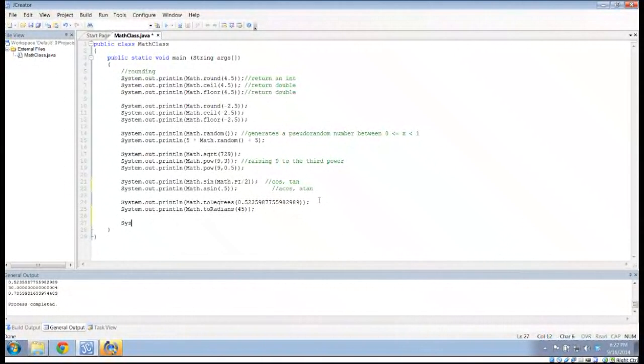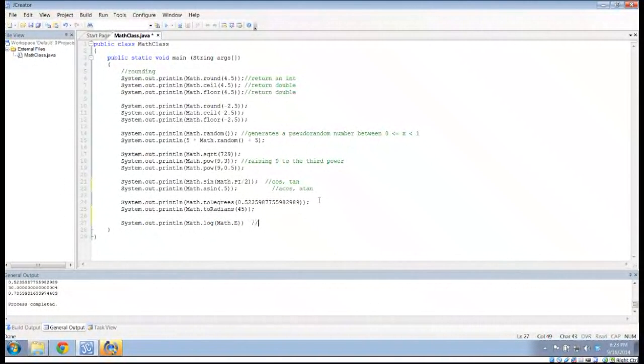So I'm going to take the System.out.println. I'm going to do math.log, and I'm going to take the logarithm of math.E. And E is Euler's number.